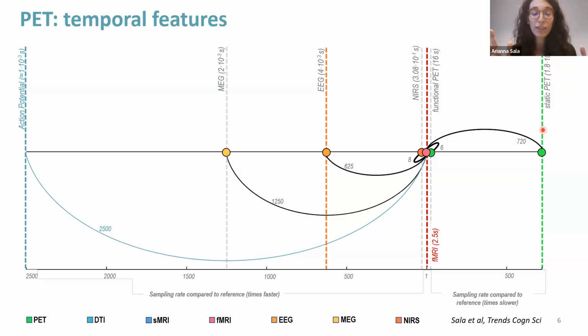Unlike in fMRI, the image is not a video, so there is no temporal component. What we have is just an average of whatever happened in the brain over these 10 to 15 minutes. So we are much slower than fMRI, and much, much, much slower than EEG. Of course, what we are looking at is the sum of many thousands of neural events happening in the brain during the full scan.